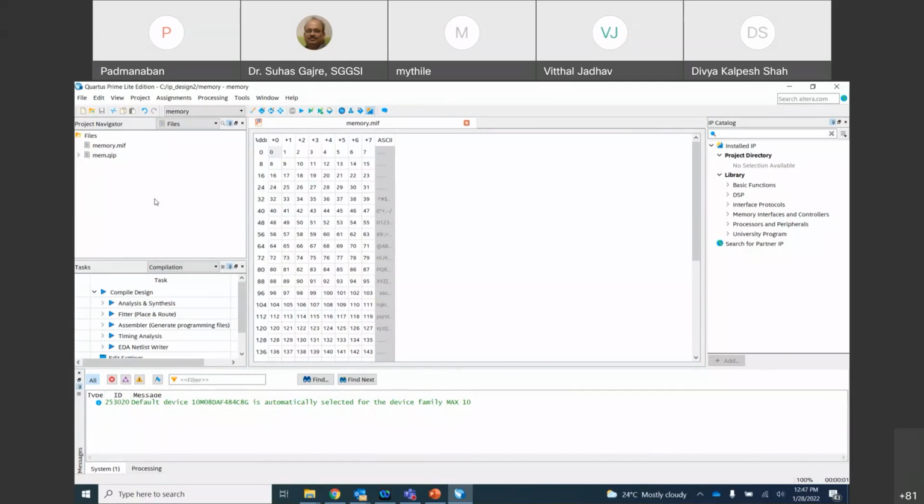First, we'll understand that, and then I will show you two quick demos, one with the Nios II soft core processor and the other with the hard core processor, HPS. We will deal with HPS in detail later, but we will get an idea of how that works. Okay, so let me close this.